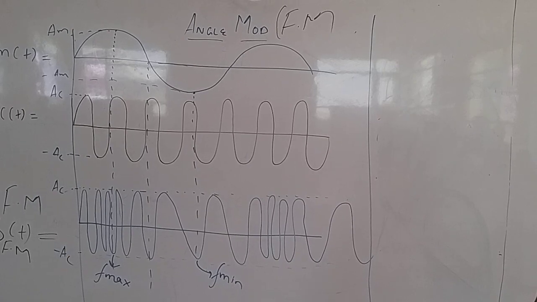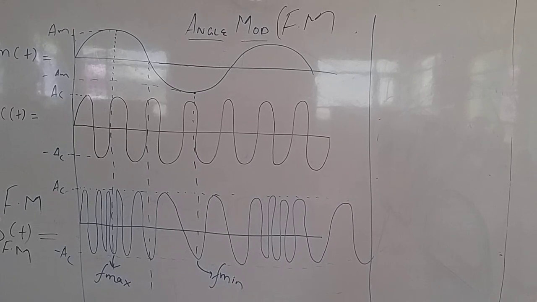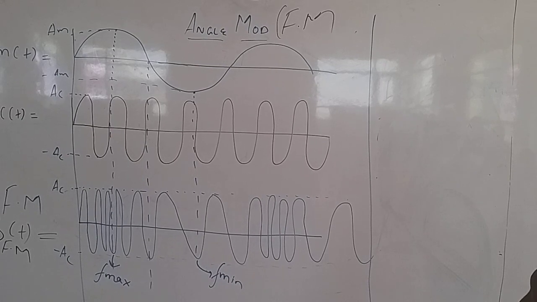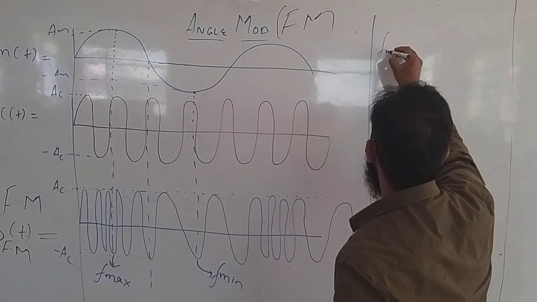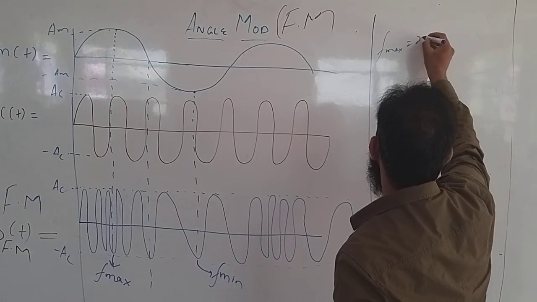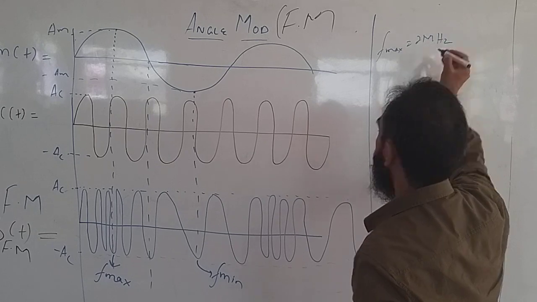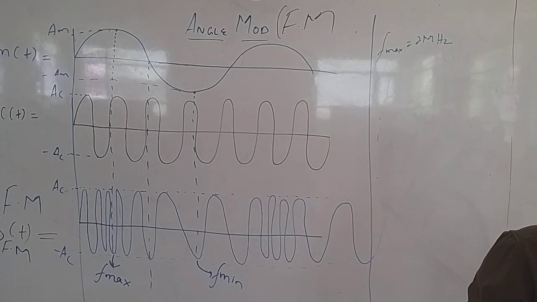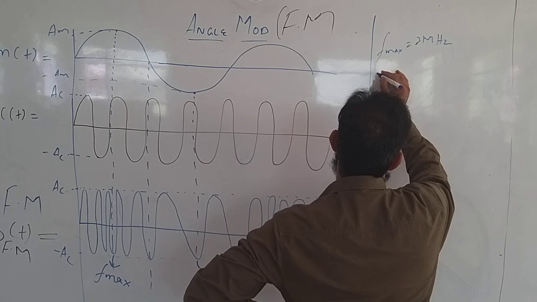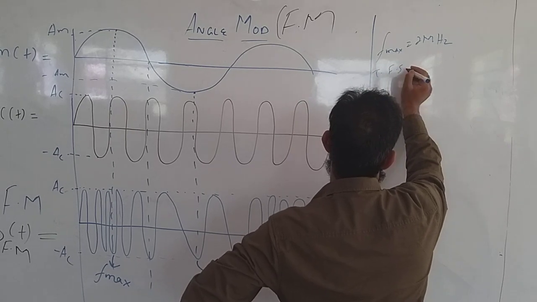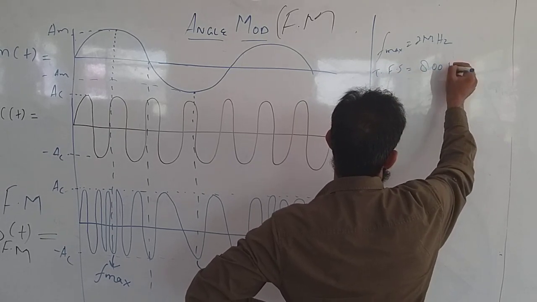Now listen to me please. For an FM signal, F max is equal to 2 megahertz. Total frequency swing is equal to 800 kilohertz.